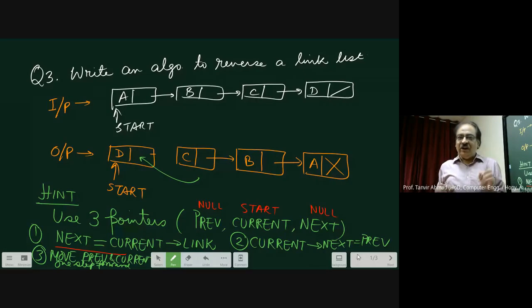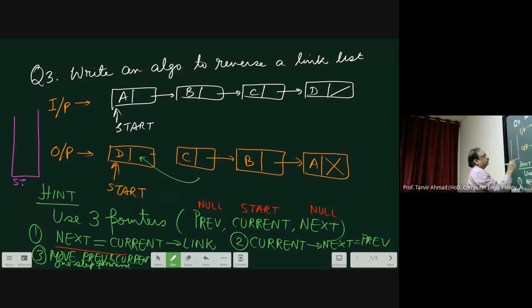The one solution you should have come up with, because you have already done the basics, is that I can maintain one stack. The stack should contain the data element as well as the addresses.